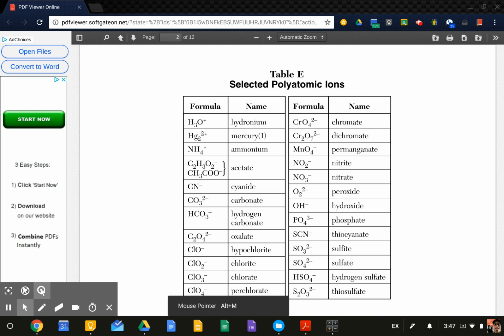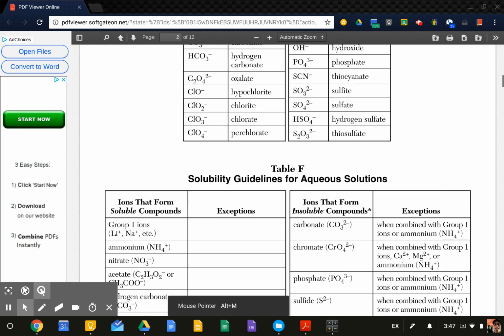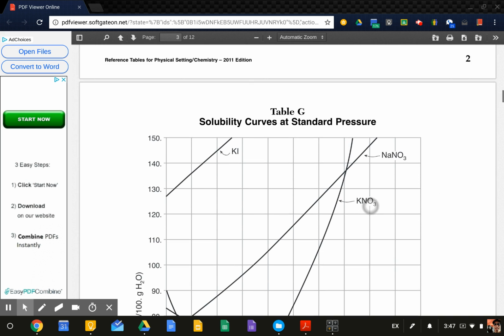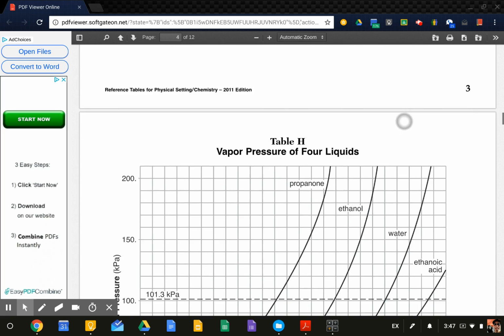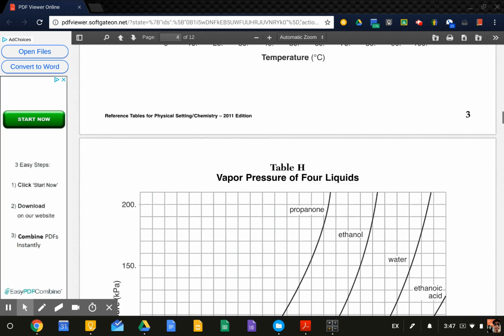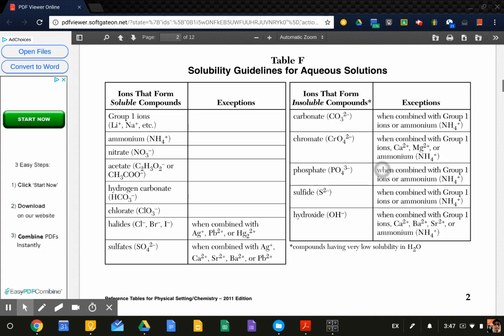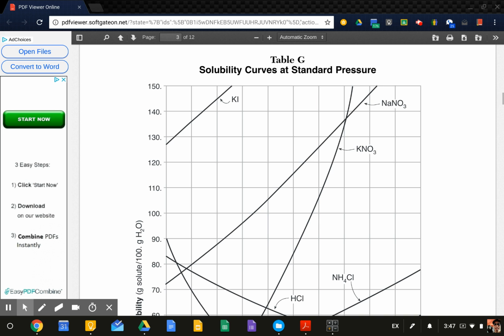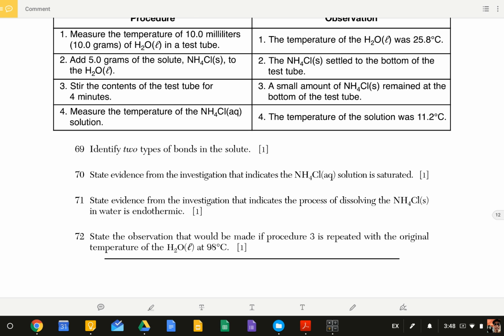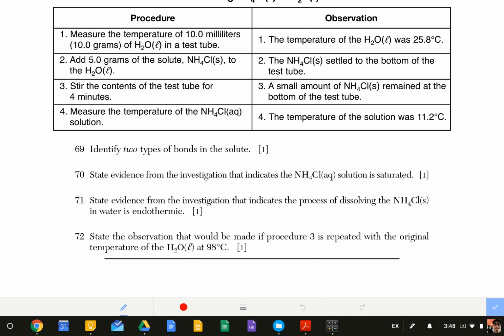Is everything. There we go. Oh, table G. Solubility curves at standard pressure. So this is different from solubility rules, which was table F. This is solubility curve, meaning how much of a substance will dissolve in a certain amount of water at a certain temperature. So since this problem is about ammonium chloride, NH4Cl, we will go look that up.